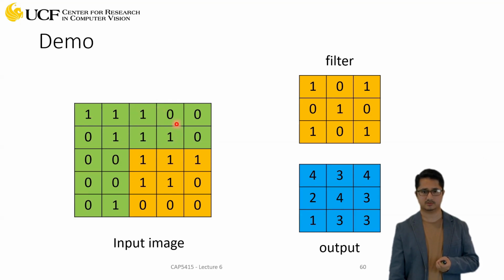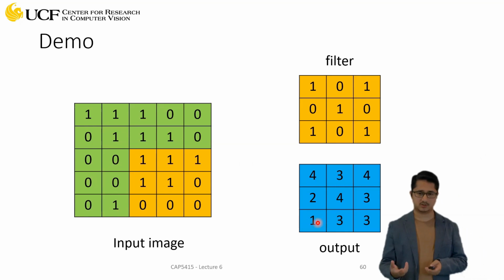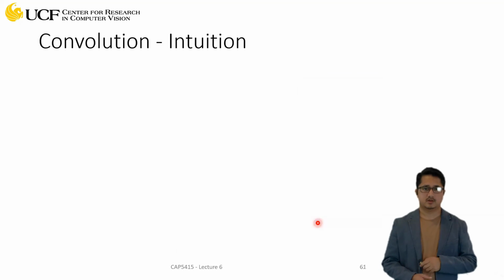Even at this location. And the lowest value is 1, which is at this location. You can see that the only match we have is for this location, if we try to create a cross here. And that's why it was not highly active.